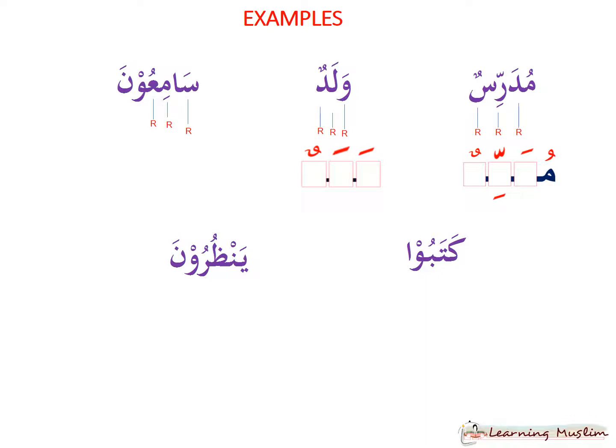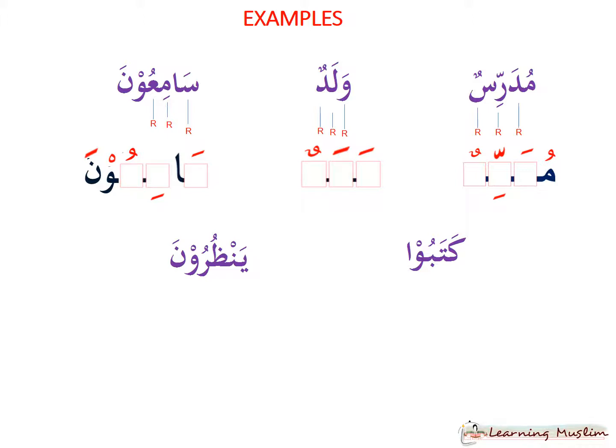And sami'a in the dictionary gives the idea of listening. But with this pattern of fa'iluna, the word sami'una means many males who are listening. So the root has the meaning of the idea of listening or hearing, and sami'una means many males who are listening.